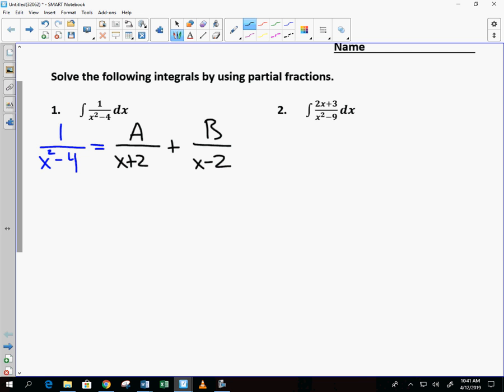You would like to have subtraction in the middle. Here's why: B could be positive or negative. So if B is negative, then it ends up being subtraction.